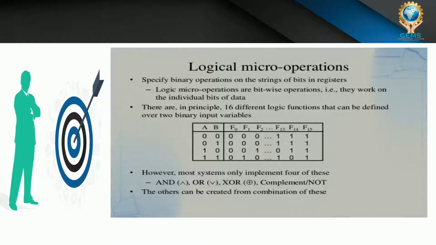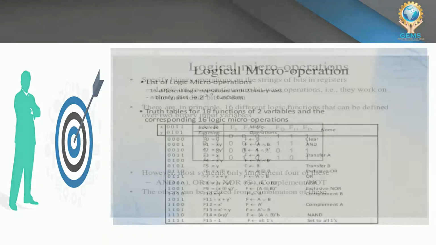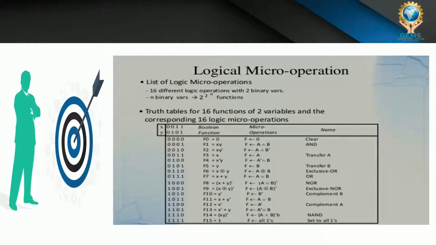Now we'll see what logical operations we perform in computer organization and architecture. Look here: there are 16 types of operations in total. The first one is clear, then transfer A, and then the OR operator, AND operator, NAND operator, exclusive OR, exclusive NOR, and negation.